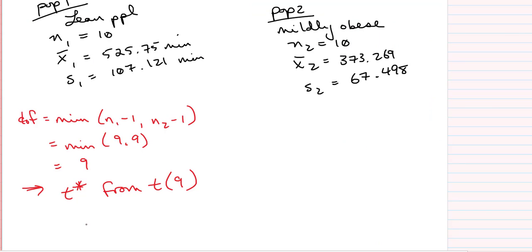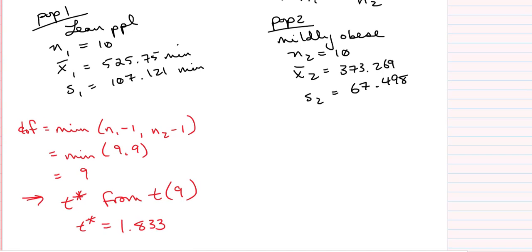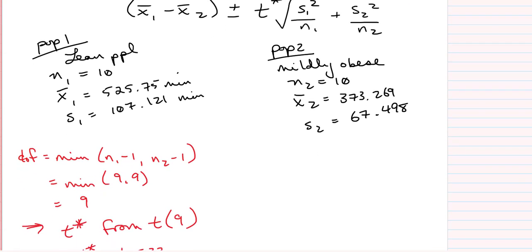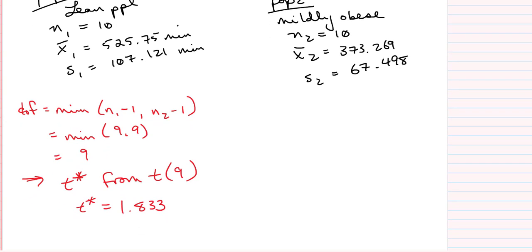So t star is equal to 1.833. Looking at our formula again, let's verify: we have x bar 1, x bar 2, a t star now, an s1 squared, an n1, etc. So now we can just plug things into our formula.